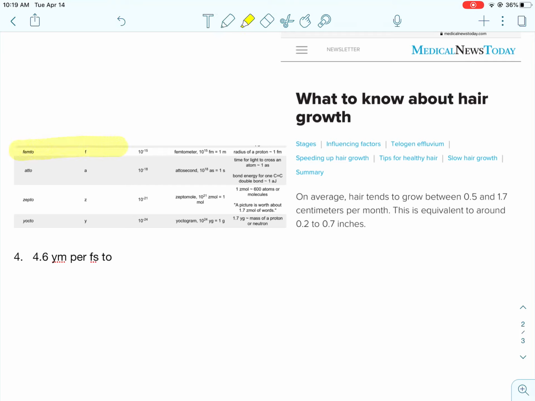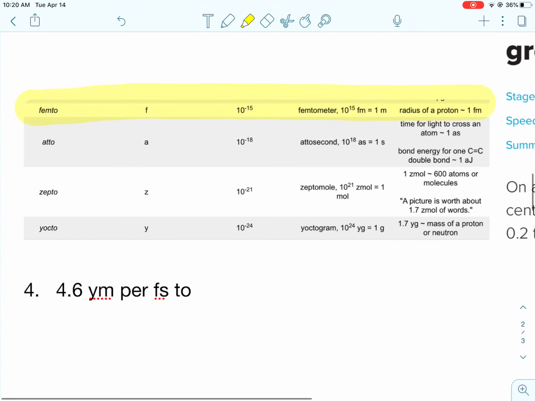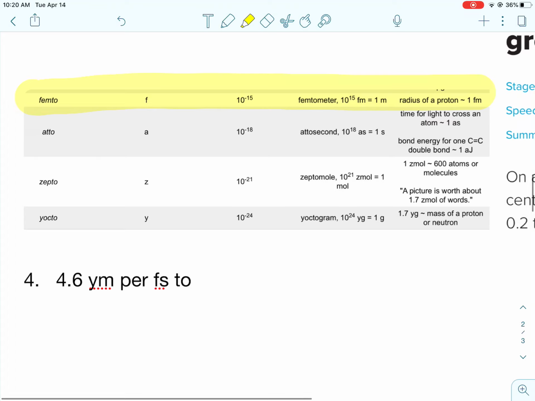Okay, so let's talk about Sheldon's hair. I looked up a couple of things we needed to know. First, we need to know about the prefixes Femto and Yocto. So for Femto, this is the top one right here. I know it's kind of small. And then for Yocto, it's this bottom one.